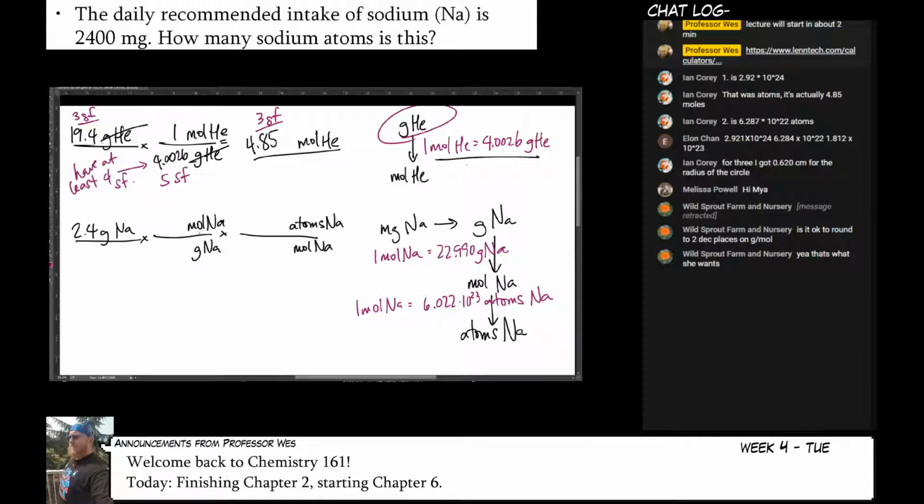At some point, towards the end of Chem 163 and starting Chem 261, we don't care about sig figs anymore. There are so many other important things, but at this level we do care a lot about it because this is a foundational class and you use a lot of this stuff for other classes.